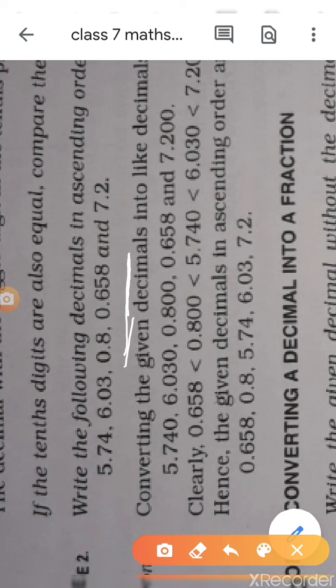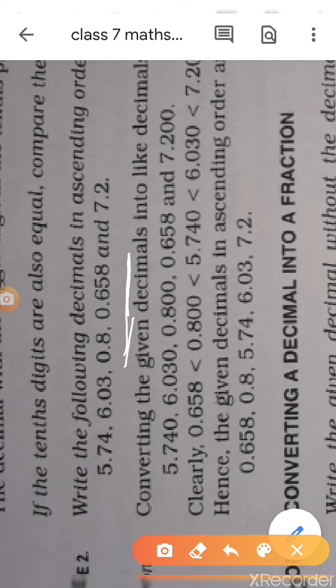Second smallest number, we can clearly notice, is 0.8. Now the third smallest decimal out of these, we can now compare. We are left with 5.74, 6.03 and 7.2.